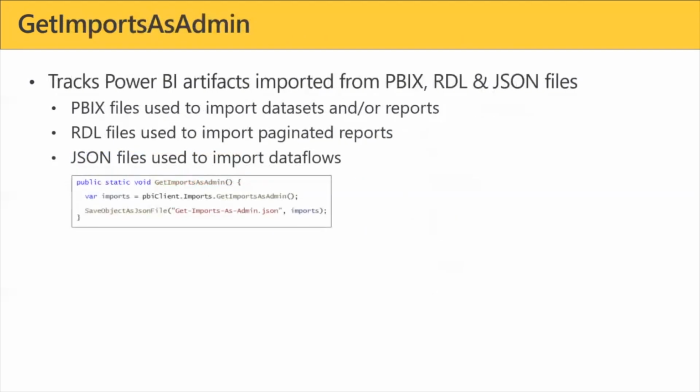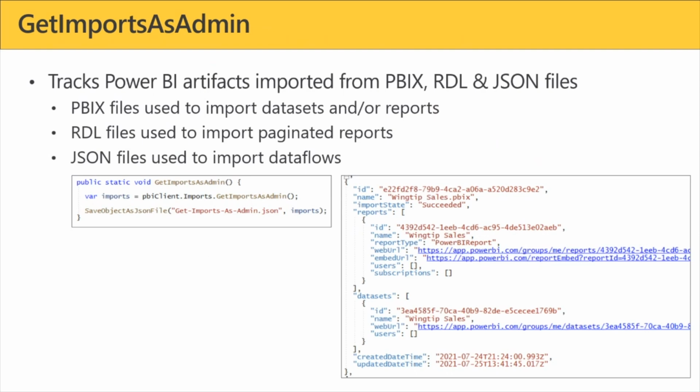Okay, going a little bit further, there's also get imports as admin. The idea of an import is that every time you have a file that defines artifacts, the obvious example would be a PBIX file. We have this PBIX file and we import it to initially create a data set and/or a report.